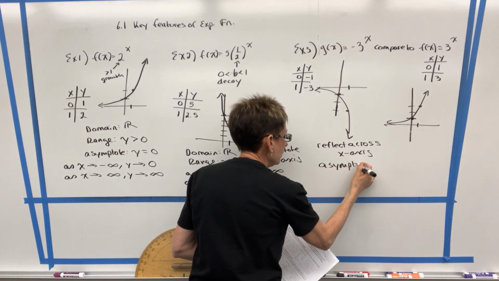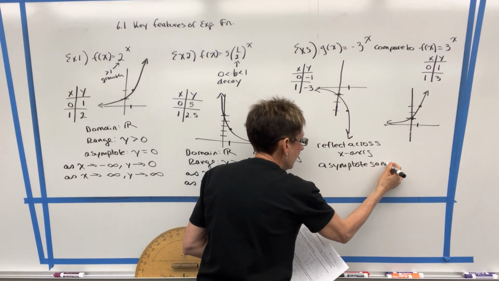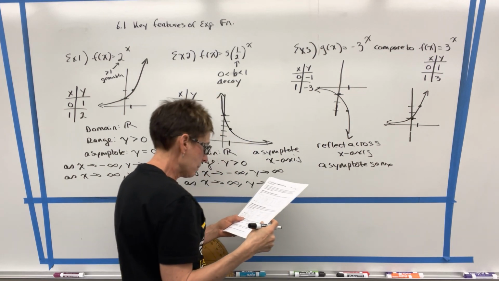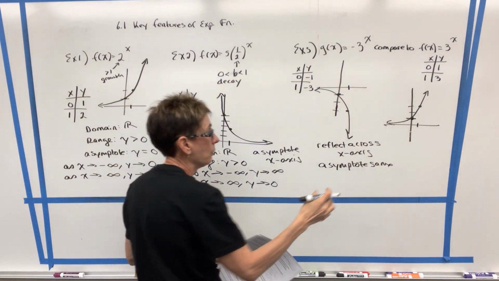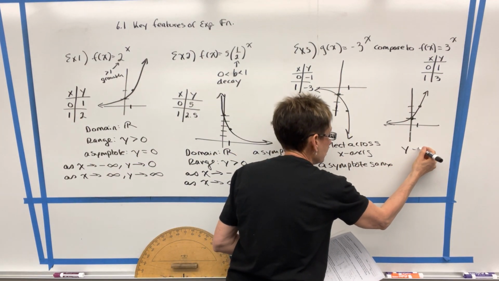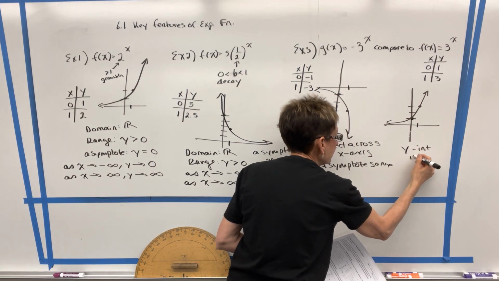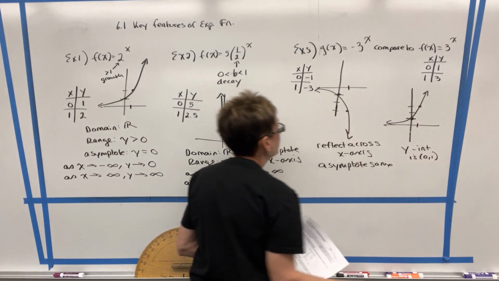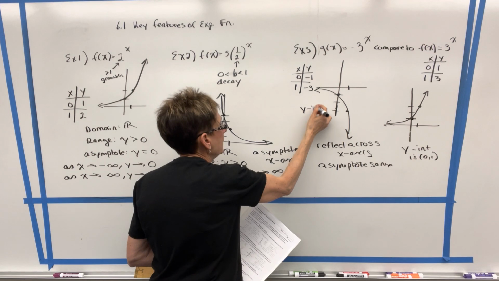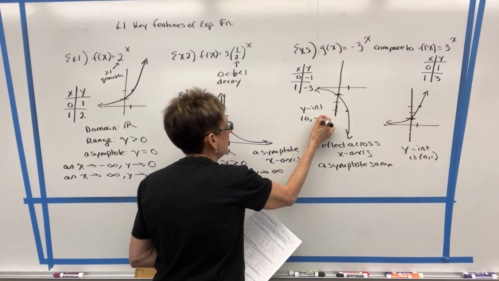The asymptote is the same as this other function. Our y-intercept on the parent function is (0, 1). Here, the y-intercept is (0, -1).